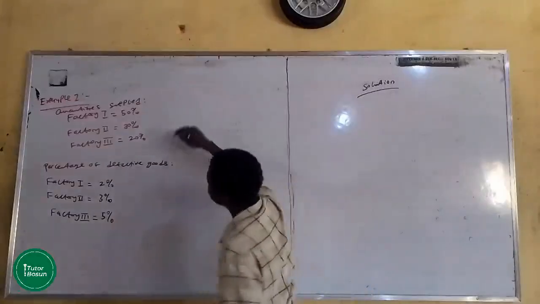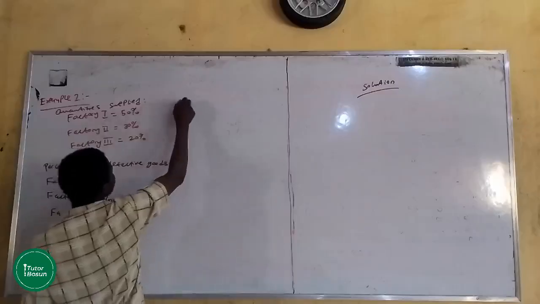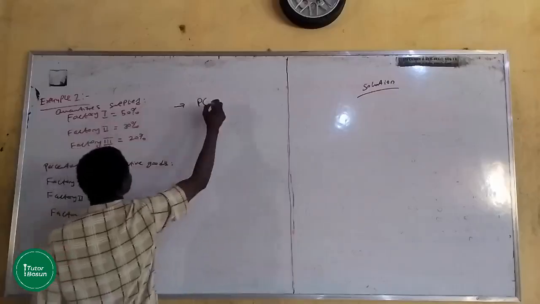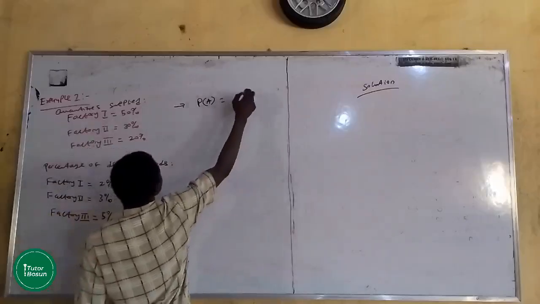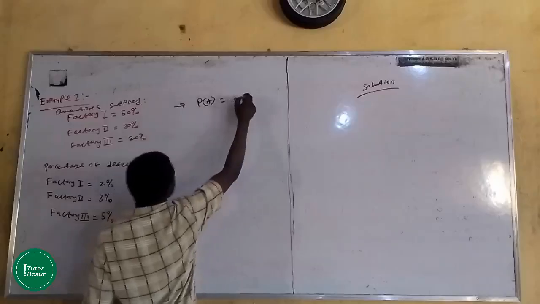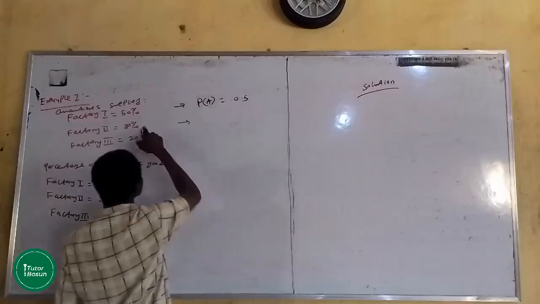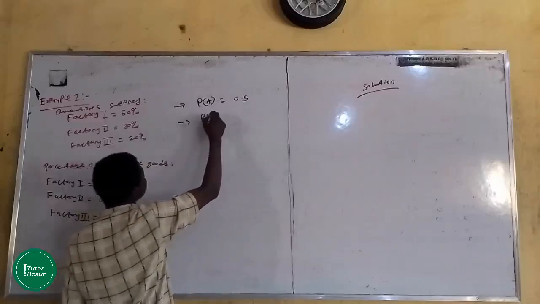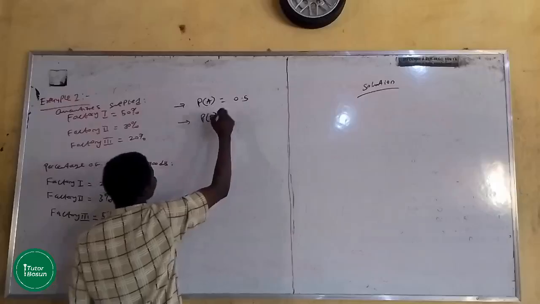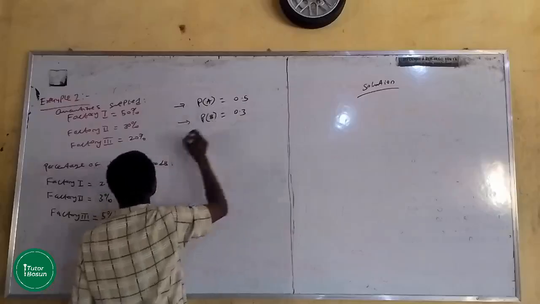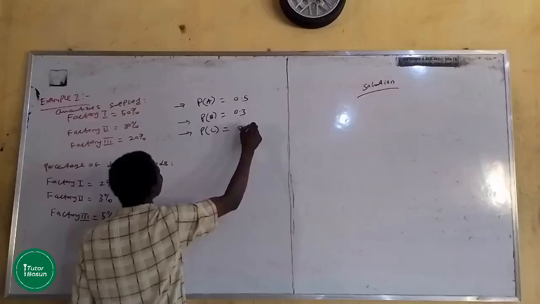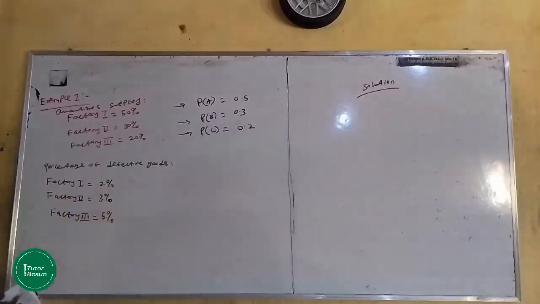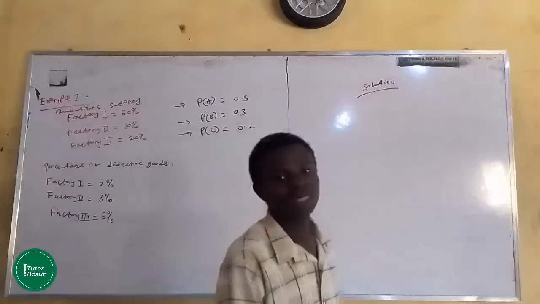So we can let the probability of quantity supplied by factory 1 be A, and that is 50%, that's 0.5. Let the probability that it is supplied by factory 2 be B, which equals 0.3, and by factory 3 be C, which is 0.2. The probability that it is a defective good is a conditional probability.